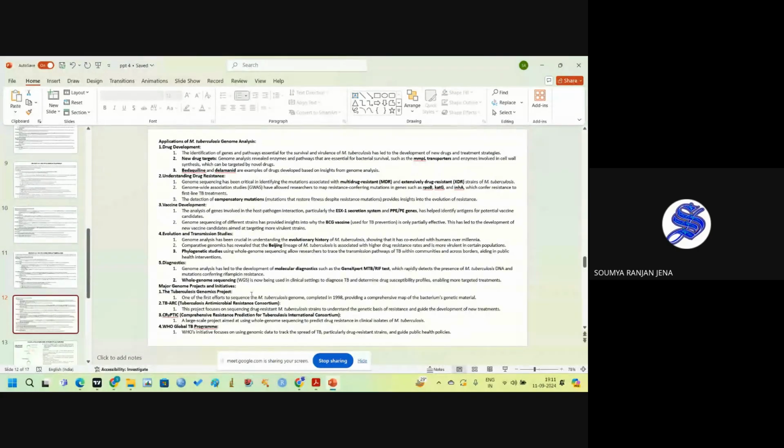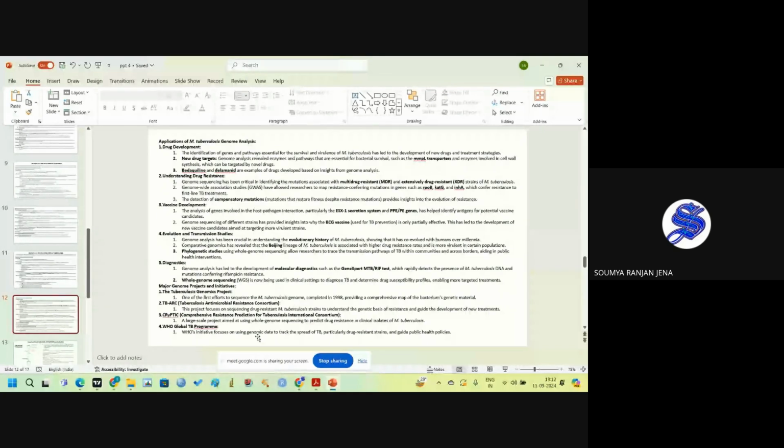The Tuberculosis Genome Project was the first effort to sequence this tuberculosis and was completed in 1998, providing a comprehensive map of the bacterium's genetic material. Then TB-ARC, that is the Tuberculosis Antimicrobial Resistance Consortium, and CRyPTIC, that is the Comprehensive Resistance Prediction for Tuberculosis International Consortium, and WHO. This is the major global TB program, used today also, that is the WHO Global TB Program.